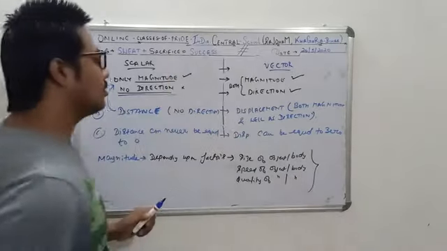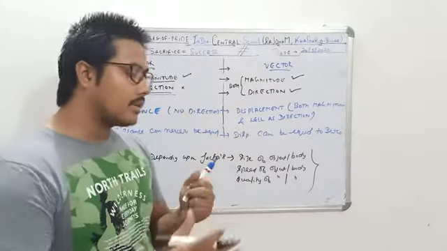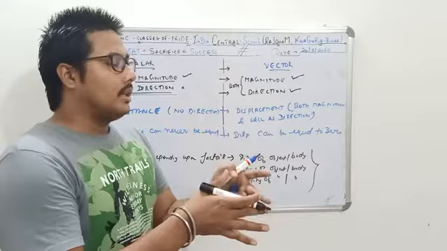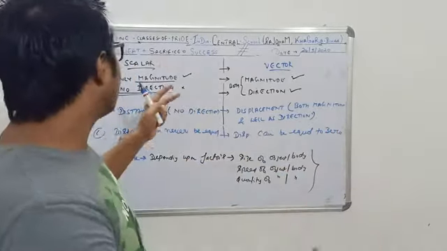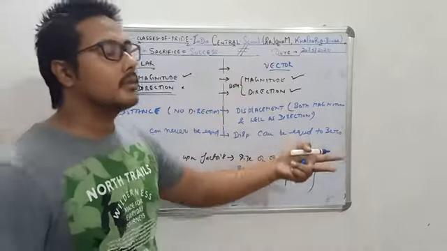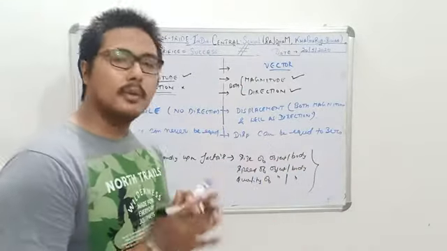So if someone asks you, it's fine, you have told that distance is a scalar quantity which has only magnitude but no direction. But can you explain what is magnitude?